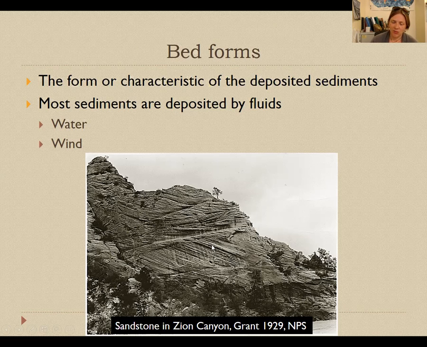They have these distinct patterns where the sediments aren't necessarily laid down horizontally, and these diagonal patterns, the direction they're pointing and the angle at which they're pointing, tell us a little bit about the environment in which they formed, and we would call this a sedimentary bed form.